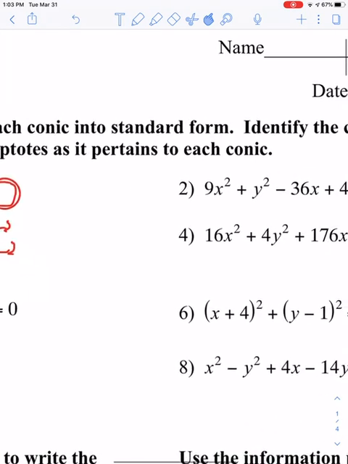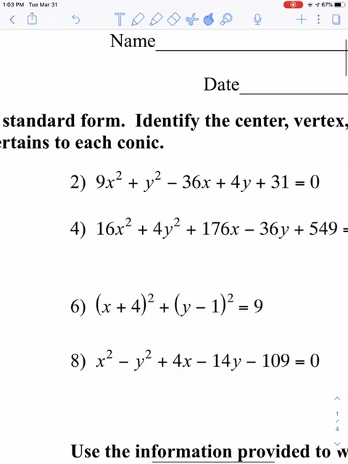Okay, so let's find an ellipse. Number 2 is an ellipse, and the reason is that you have 9 and 1, so the coefficients do not match. Two squared variables cannot be a parabola.